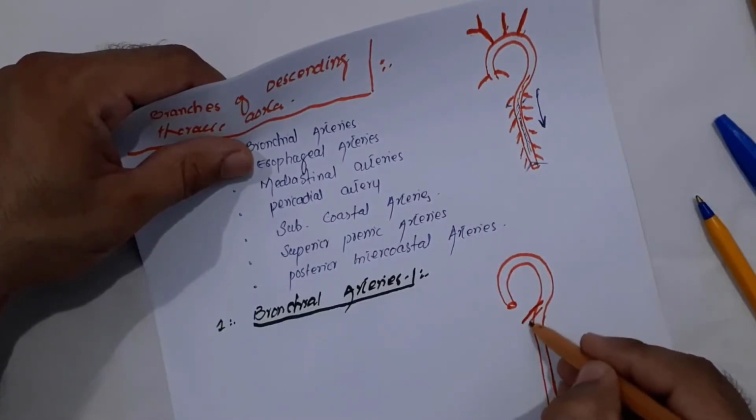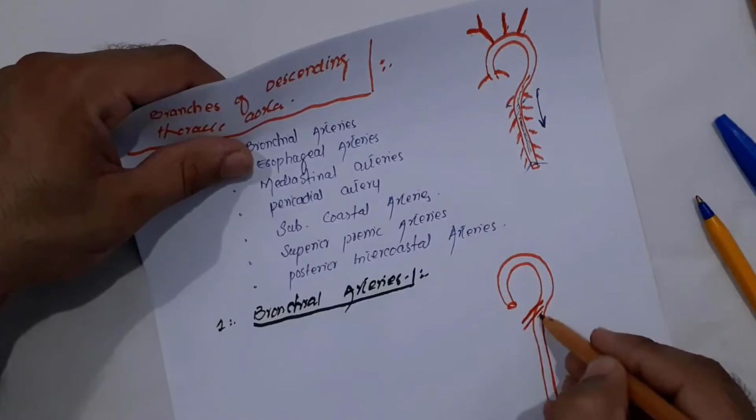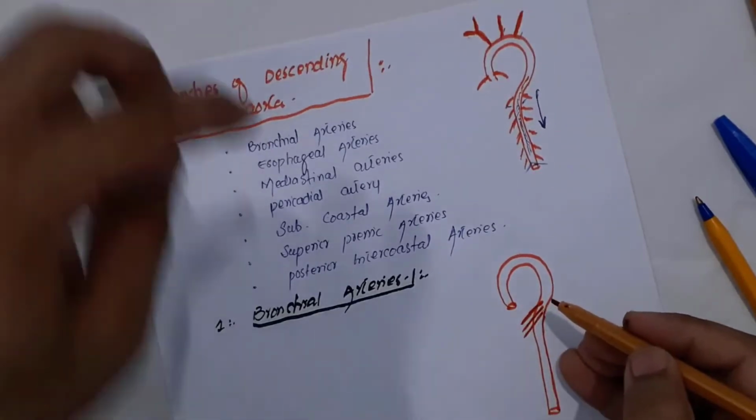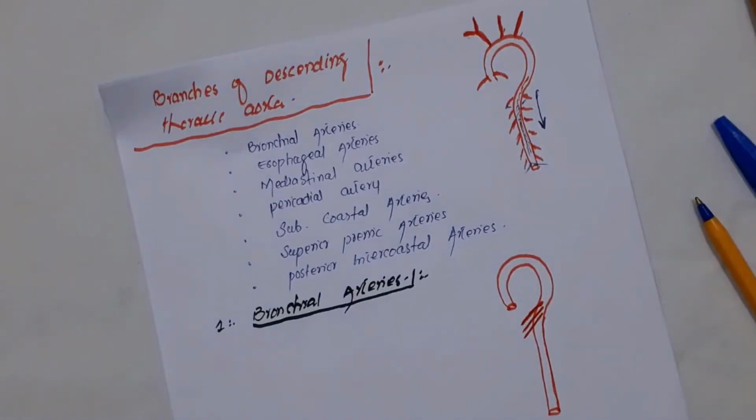There are three branches of arteries which arise, and the first branches which the descending thoracic aorta gives are the bronchial arteries.